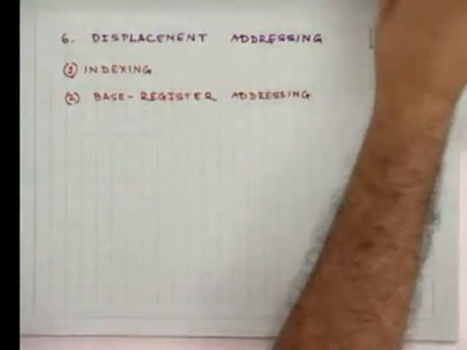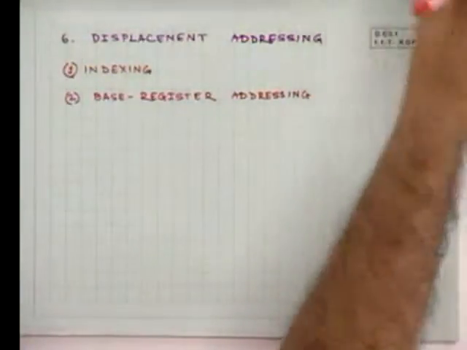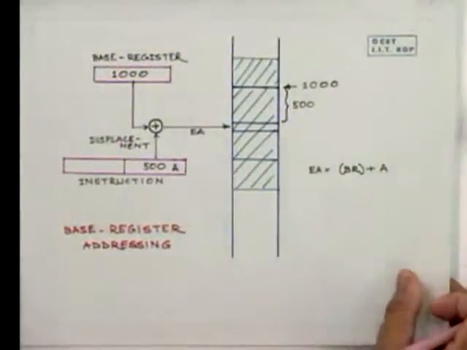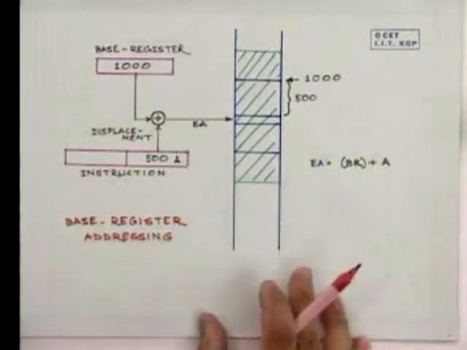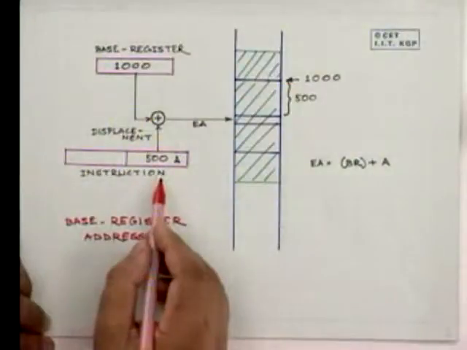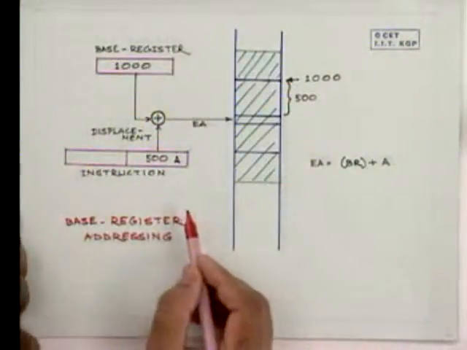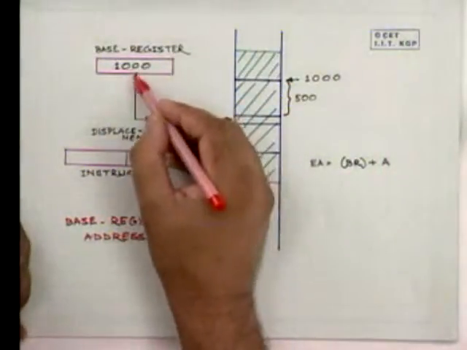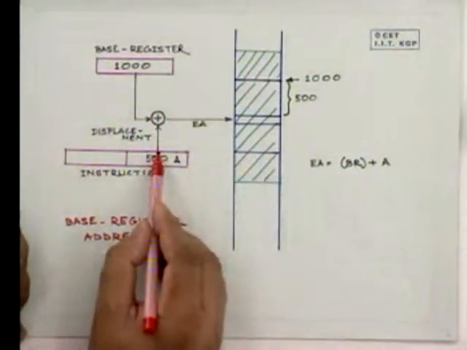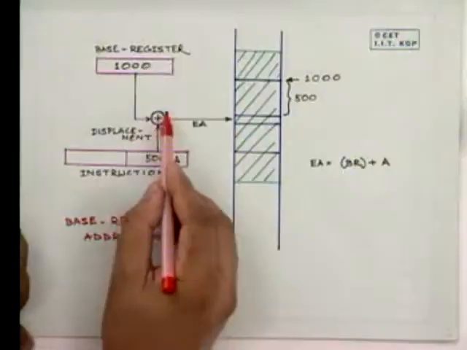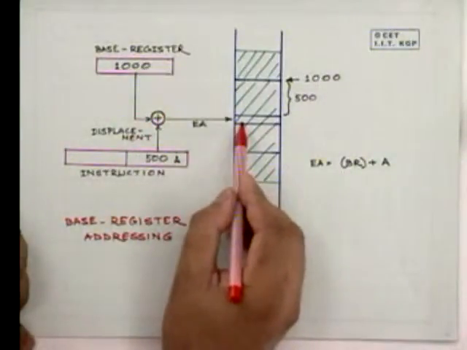Here what is done is this: a base register is specified, and in the instruction the displacement is given. The content of the base register is taken, then the displacement comes from the instruction, these two are added, and we get an effective address.